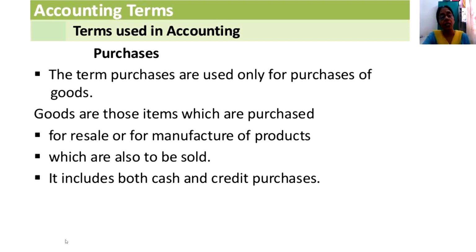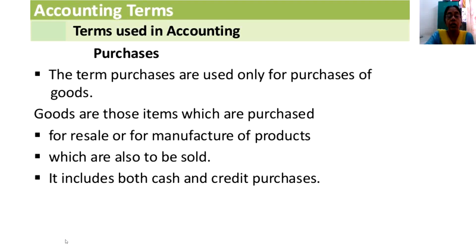Goods can be classified under 4 broad categories. Could it be purchases, purchase returns, sales and sales returns? The same classification of the title for the goods I am talking about is categorized as 4 different categories. Purchases refers to the goods which are being purchased.